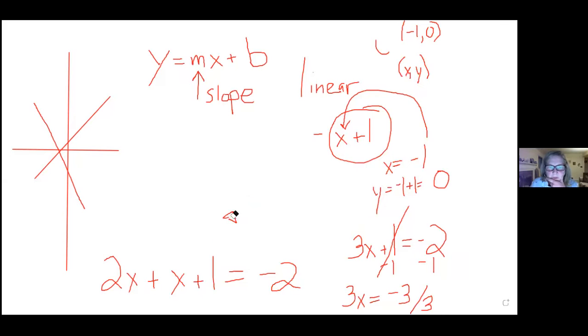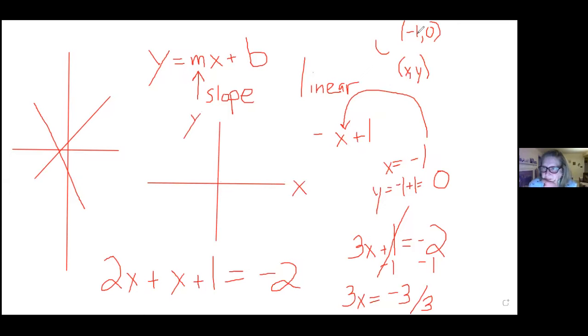It means that if I make my coordinate plane, and I have my x-axis here, my y-axis here, and now I'm going to plot this.